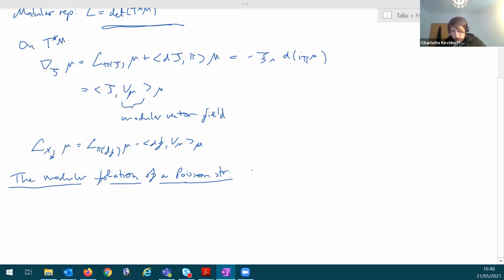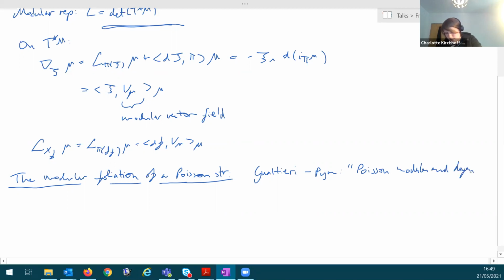So as far as I'm aware, this was first named or explicitly discussed in the paper by Gualtieri and Pym, Poisson modules and degeneracy loci.